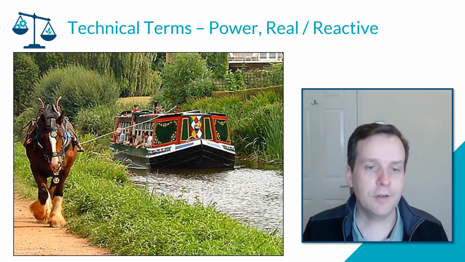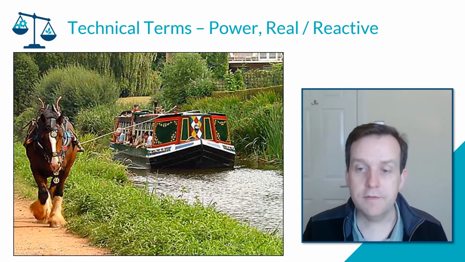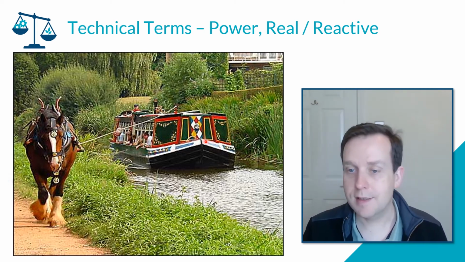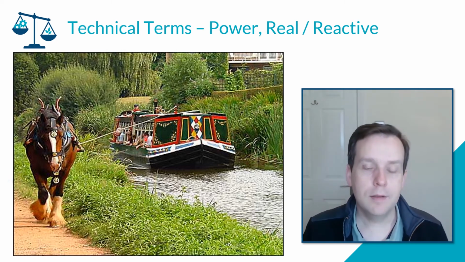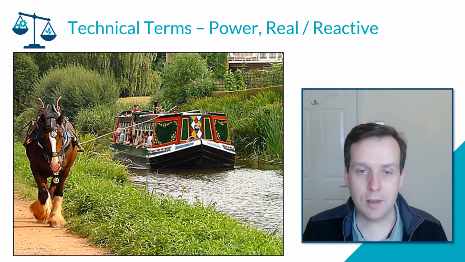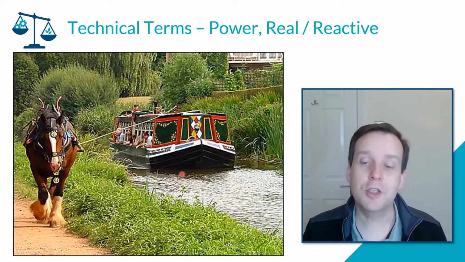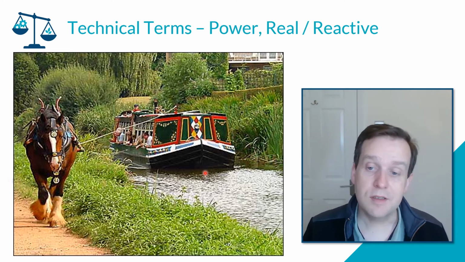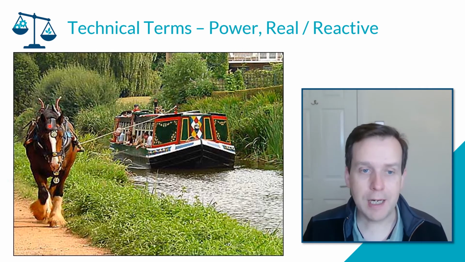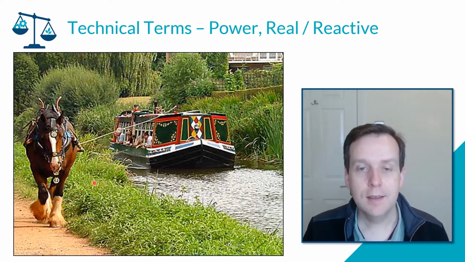So the horse can either move faster to move the barge at the same pace, or if he walks slower, then the barge will obviously go slower. Or I should say, he needs to put more effort in to keep the barge going at the same pace, so his real power is coming along here.